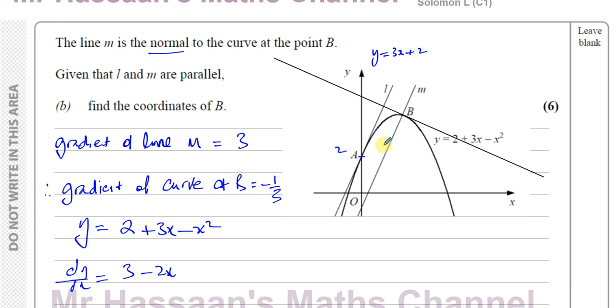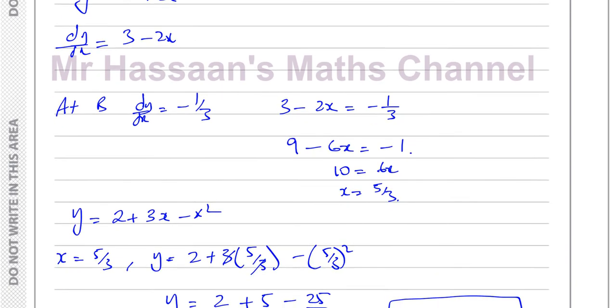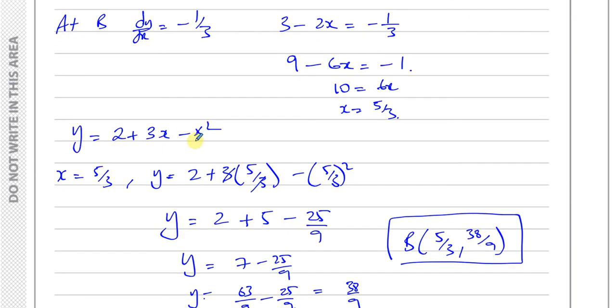So the normal to the curve has a gradient of 3, that means the curve must have a gradient of minus 1 over 3. So we can find the gradient function and equate to minus 1/3, and then solve for x, and then replace the x in the original function with 5 over 3 to find the y coordinate of the point, and we've got the answer.